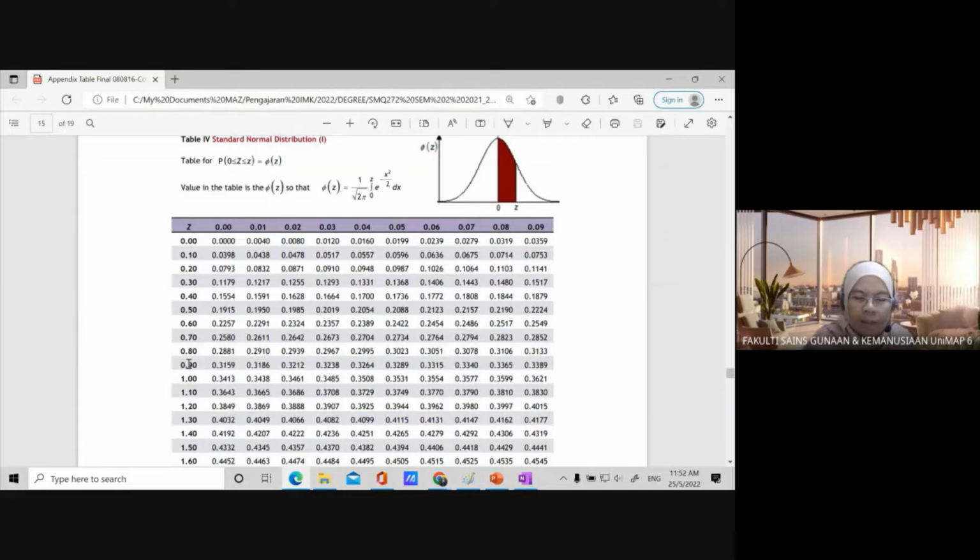Since the nearest approximation to 0.9132 is 0.91, we can approximate to 0.91 only. So this is the probability value for the shaded area from 0 until 0.9132, which is 0.3186.